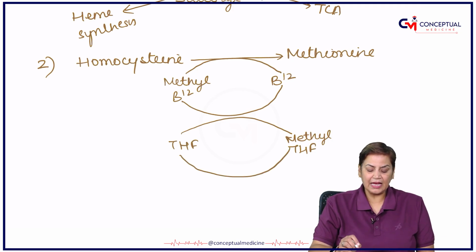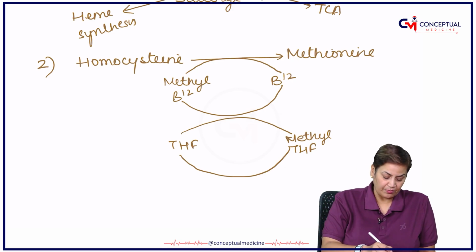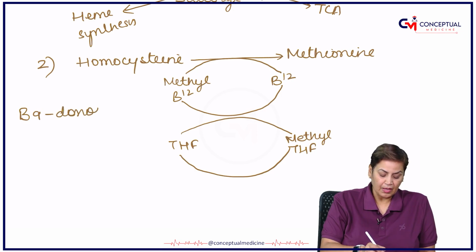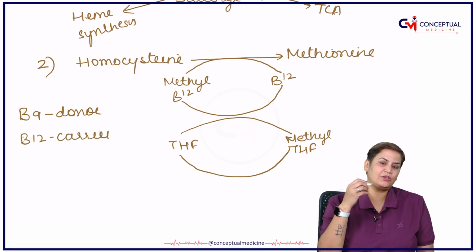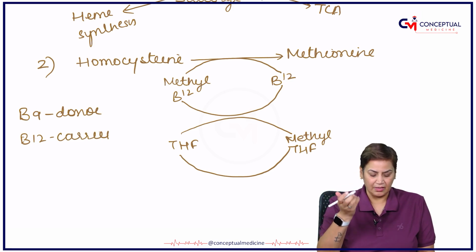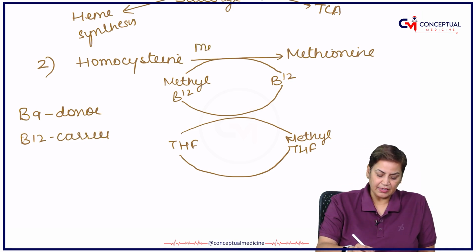So ultimately I would say that B9 is the donor of the methyl group and B12 is the carrier. But without B12, this reaction is not possible, and the name of the enzyme here is methionine synthase.